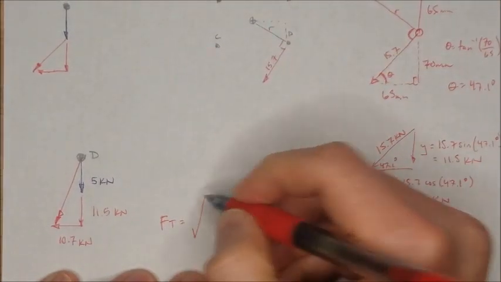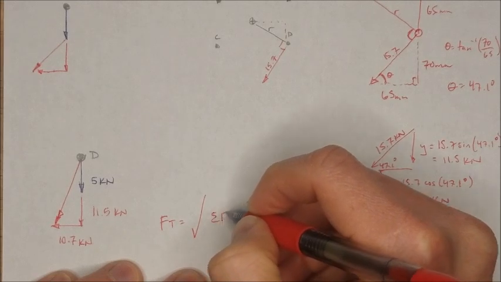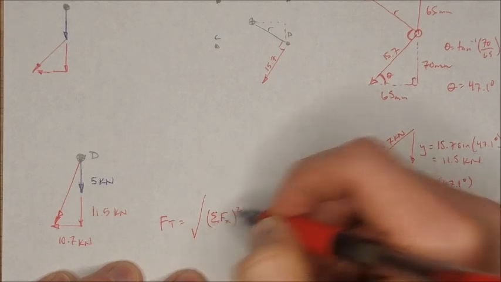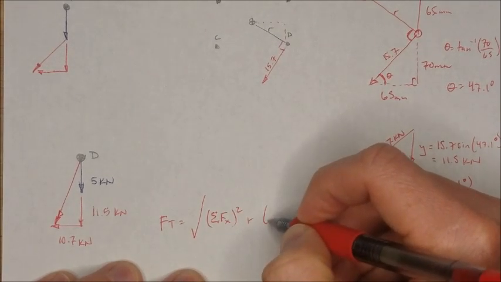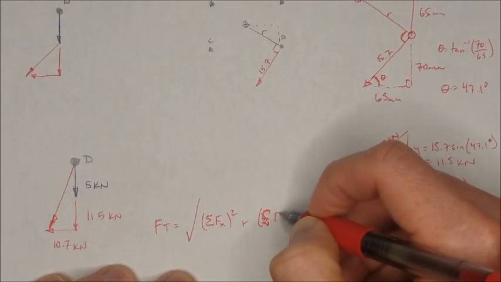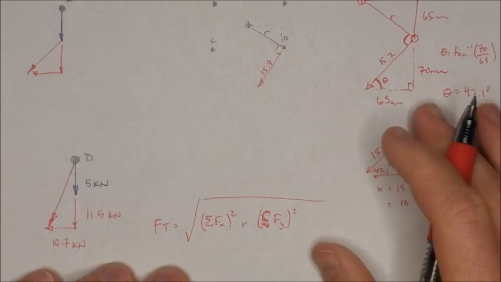It's going to look like this. Sum of all of our x components squared, plus the sum of our y components squared. This is what we're solving for. We can now solve that.